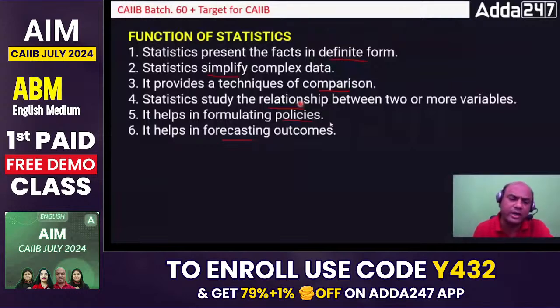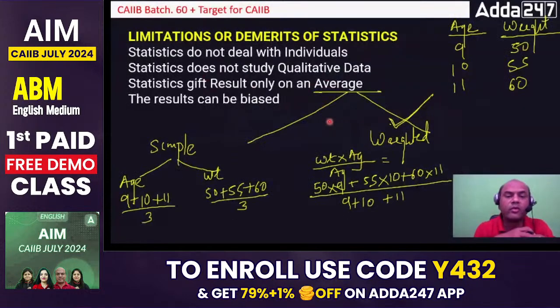Forecasting means I can definitely forecast what my sales or my income will be in future, isn't it? What are the limitations? Statistics does not deal with individuals, right? Does not deal with individuals means it doesn't have feelings. Remember Munna Bhai MBBS?